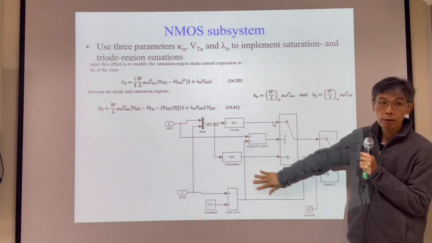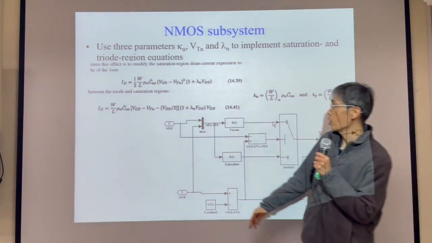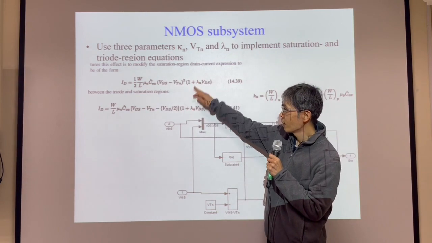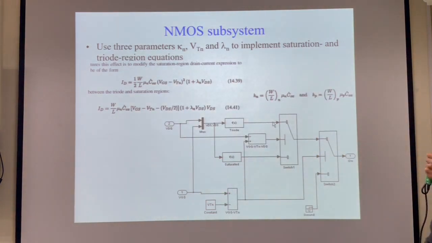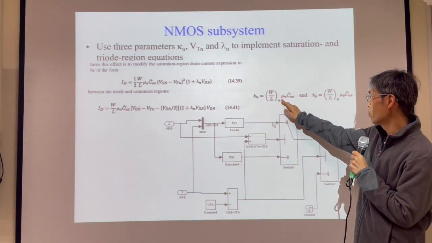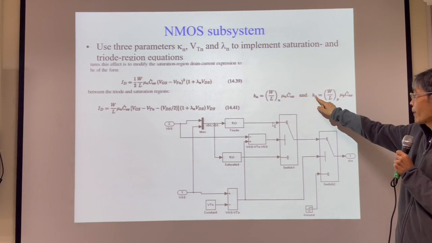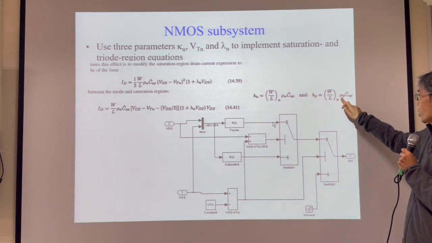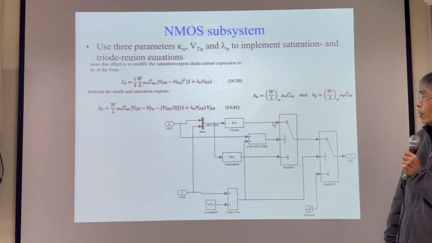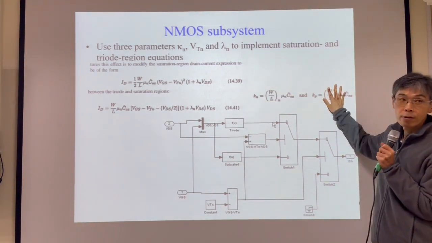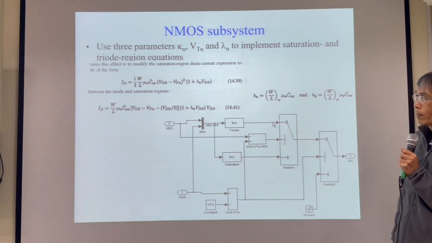So this is the subfunction inside NMOS, with the equations. We know the kappa N value is mu N Cox W/L, and kappa P is mu P Cox W/L. Those are the values you need to supply to MATLAB.